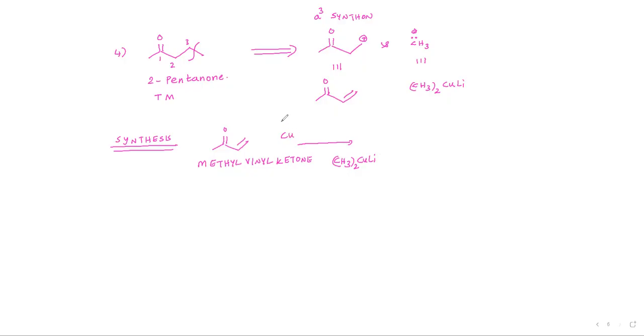That means this is Cu minus, and then CH3, and CH3, and this is Li plus. So this is what we call a Michael addition.